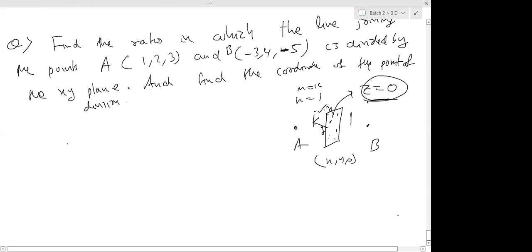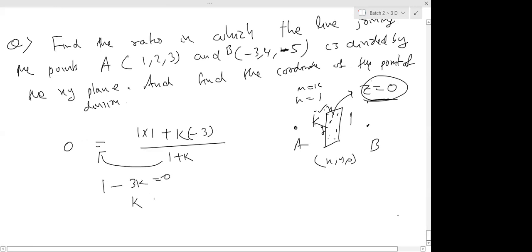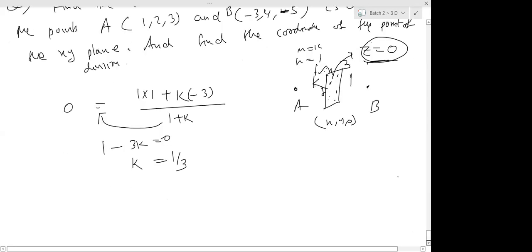So I can write 0, the z coordinate is equals to 1 into 1 plus k into minus 3 upon 1 plus k. So this is 0. That means 1 minus 3k is 0. That means k is 1 upon 3. All right. So k is 1 upon 3. That means the ratio is 1 is to 3.